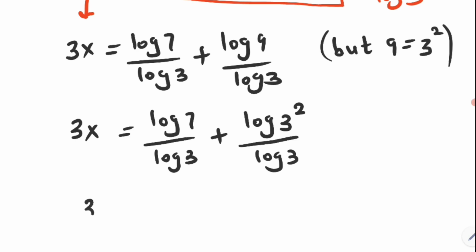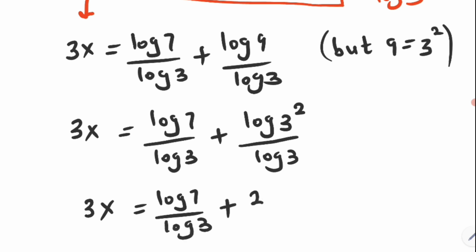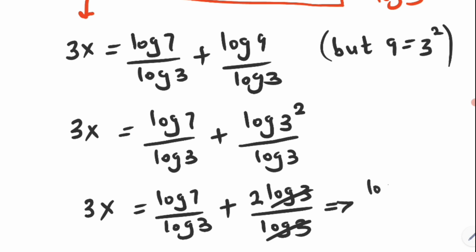Then we have 3x is equal to log 7 over log 3 plus 2 log 3 over log 3. This log 3 cancels this log 3. This is same thing as log 7 over log 3 plus 2.